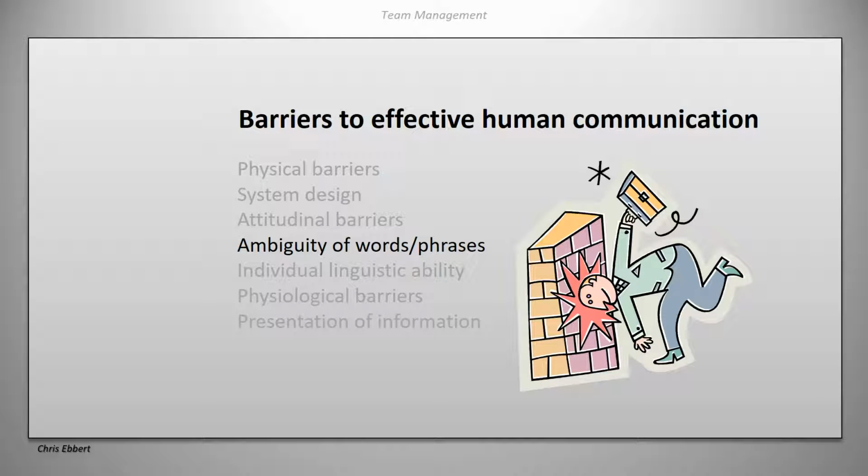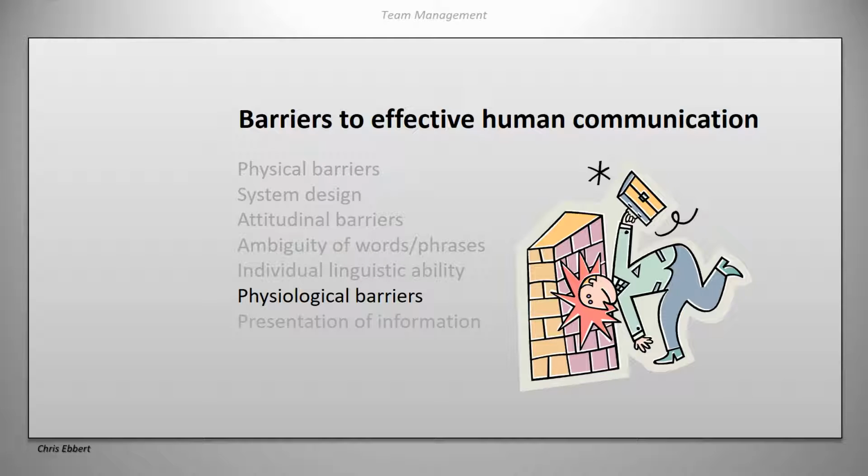There can be an ambiguity of words or phrases, which means you may say one thing and the other person thinks you said something else because the two words or phrases happen to mean the same thing. There can be problems with individual linguistic ability. So, if you're speaking to your foreign colleague and inundate them in banter, they may only get 20% of that.